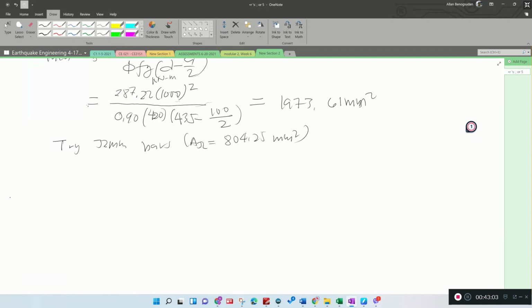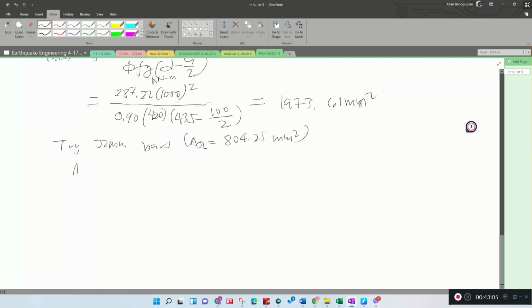So 1973.61 divided by 804.25 is equal to 2.45 pieces. If you use this, then you can say 3 pieces.